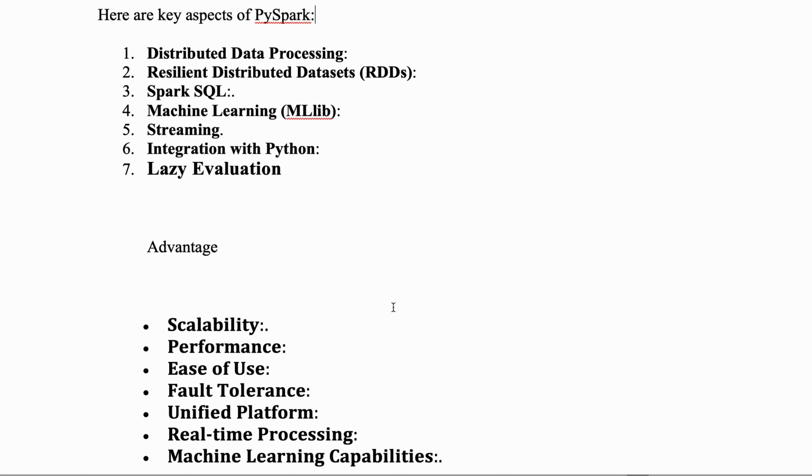We can also switch from PySpark to Pandas, and integrate with existing Python code. We have machine learning capabilities, real time processing apart from batch processing, RDDs, distributed processing, lazy evaluation and streaming techniques. These are all the features, and that is why Spark comes into the picture.